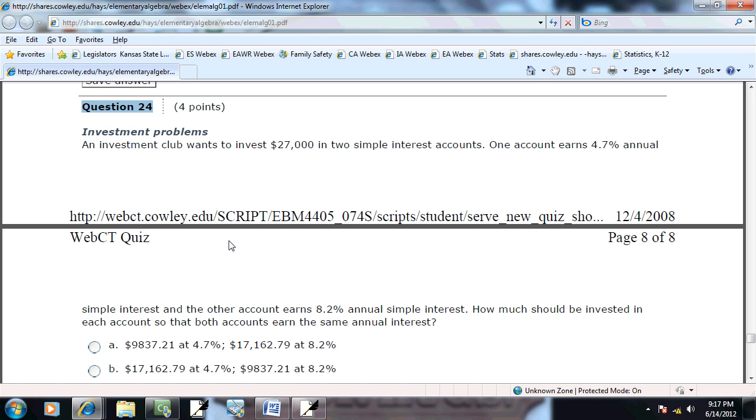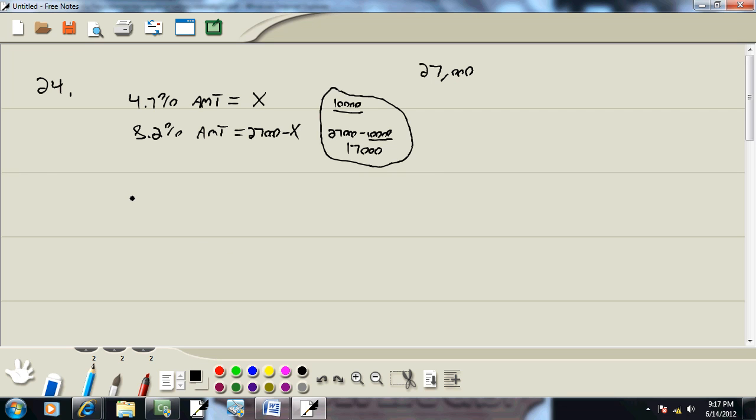It says, how much should be invested in each account so both accounts earn the same annual interest? What they're wanting us to do is to set the 4.7% account equal to the 8.2%. And this will be the percent times the amount, and this will be the percent times the amount, because that's the formula for interest.